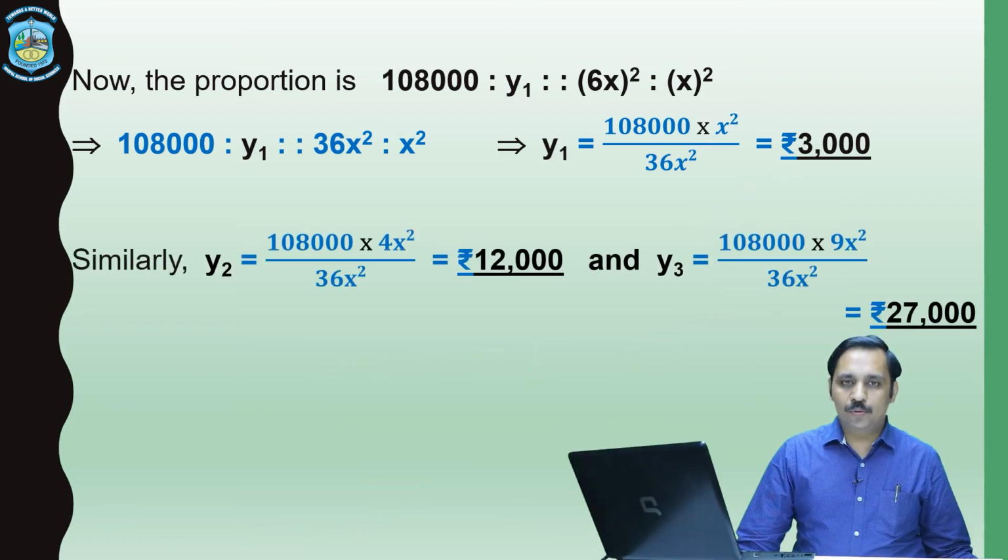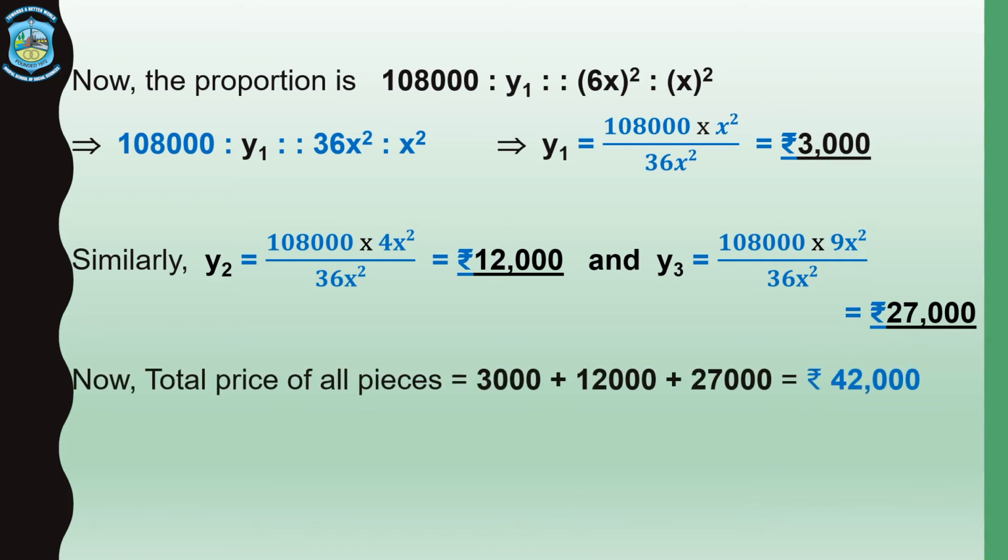Similarly for y2, it is 108,000 into 4 times x square divided by 36x square, which comes out to be 12,000, and the price of y3 is equal to 27,000. Now the total price of all the pieces is equal to 3,000 plus 12,000 plus 27,000, that is 42,000.